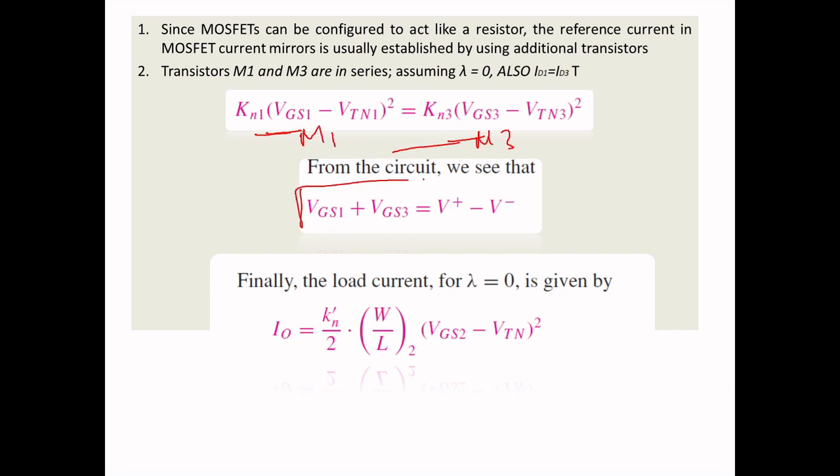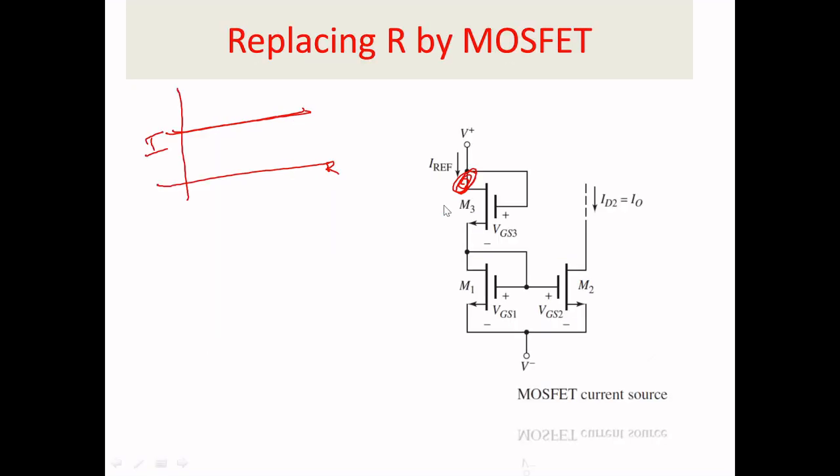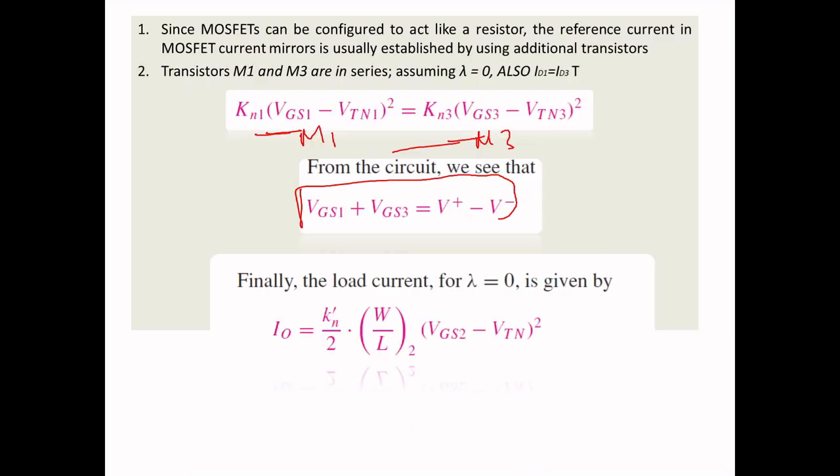When you apply KVL across this loop, in this direction you will get the equation VGS1 plus VGS3 equal to V plus minus V minus. When you do not consider channel length modulation, it can be written as I0 equal to K'n divided by 2 times W by L times (VGS minus VTN) whole square.